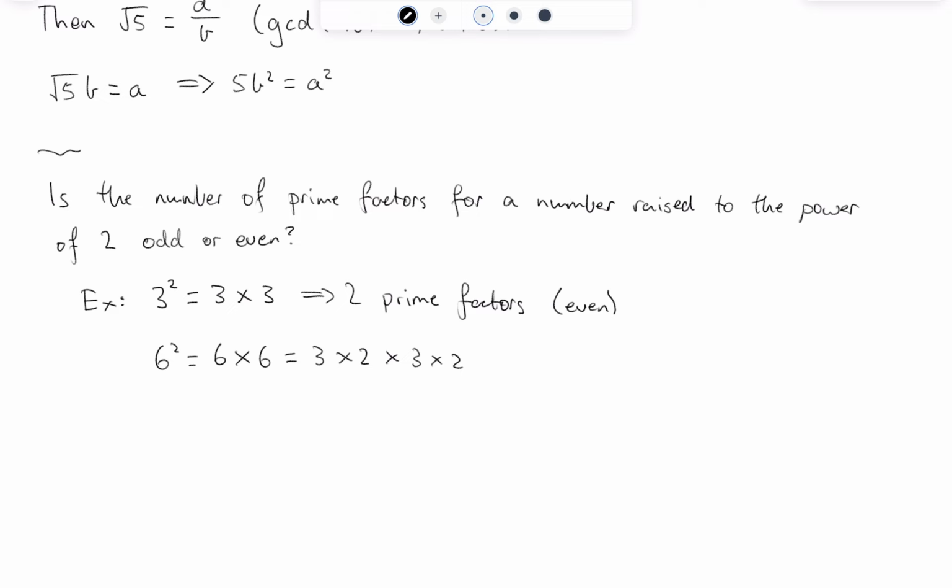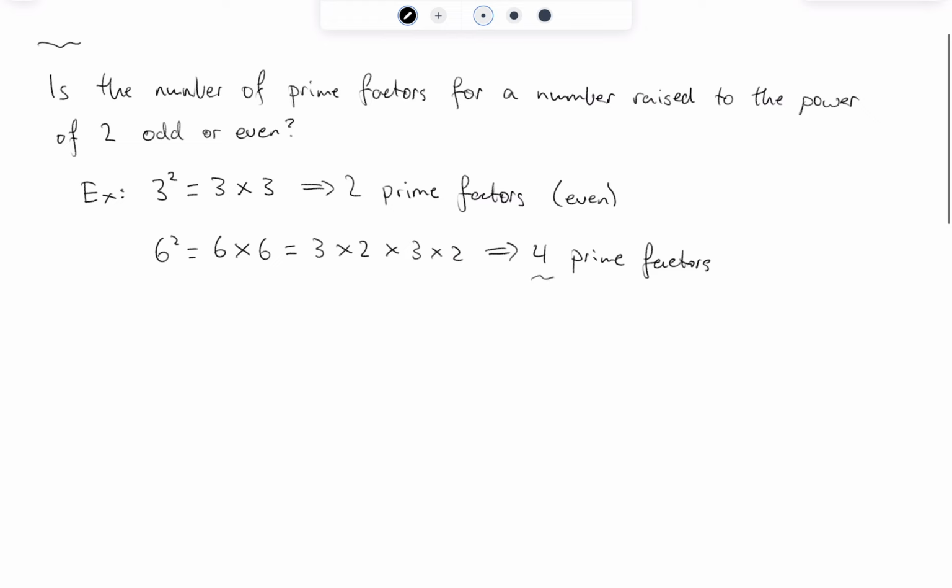Here we get 2 prime factors, each with multiplicity 2, and we regard that as having 4 prime factors. Again, the number of prime factors for this number is even.